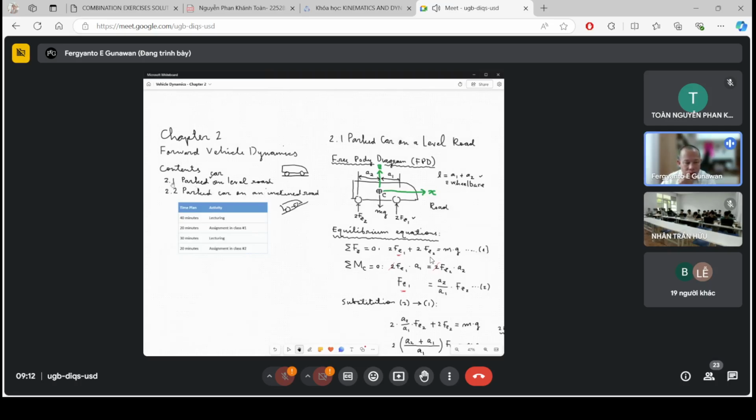Last time, 2.1, car park on the level roads and on the inclined road.